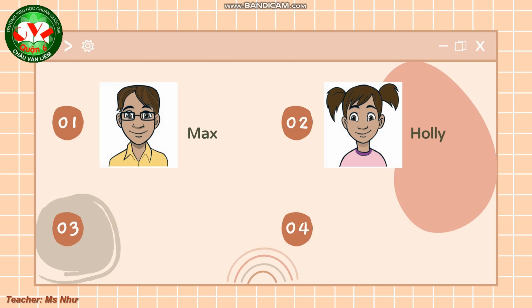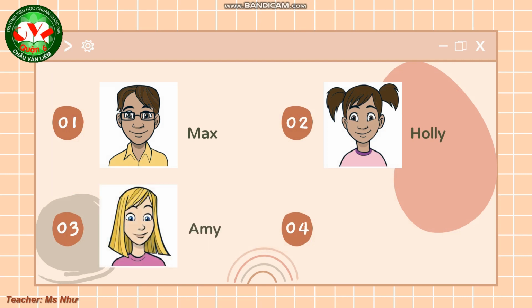She is Holly. Third is a girl. She is Amy. And number 4 is Amy's brother, Leo. Max, Holly, Amy, and Leo will be our friends in Family and Friends 4.